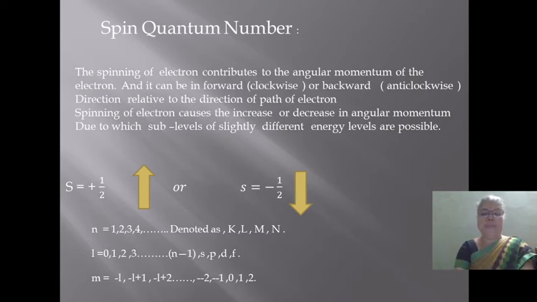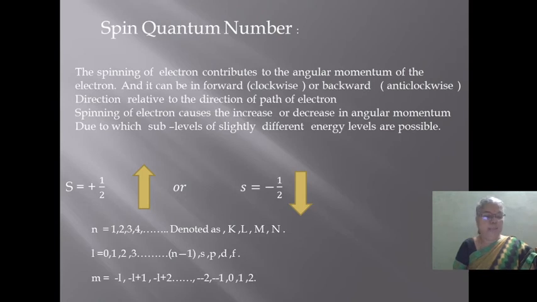Hence, the maximum number of electrons which can be occupied in the nth shell, or energy level, is equal to 2n squared.